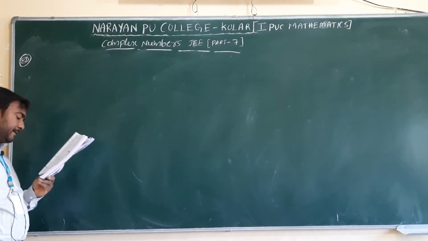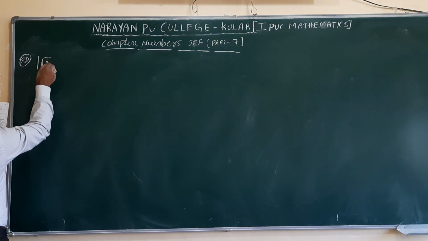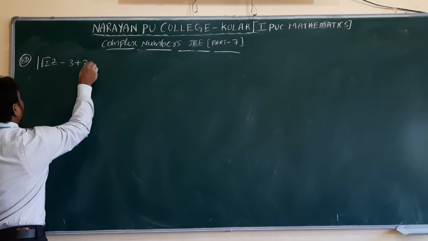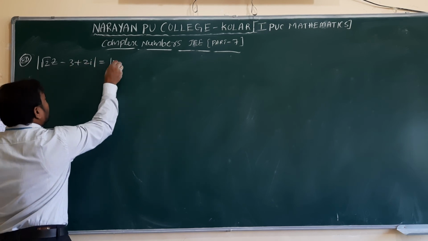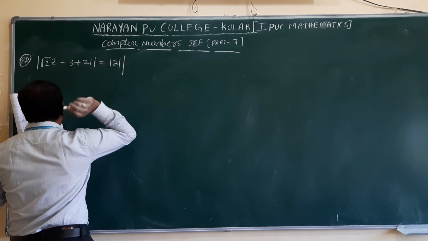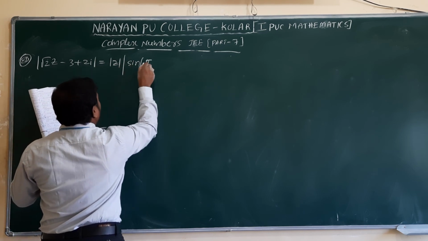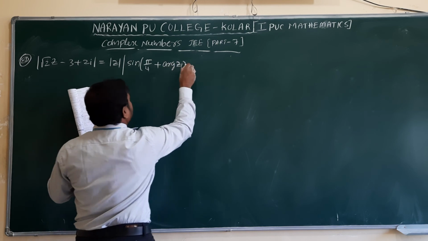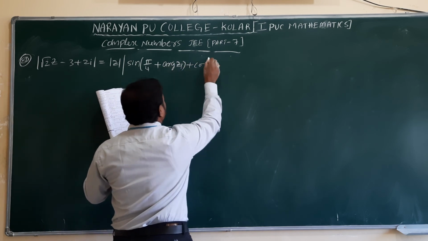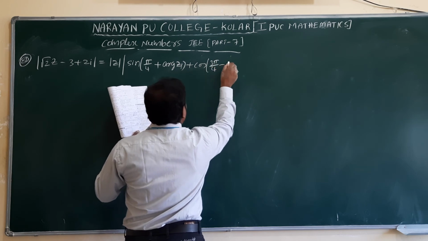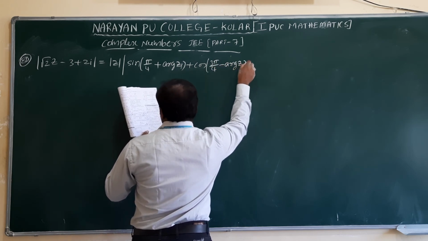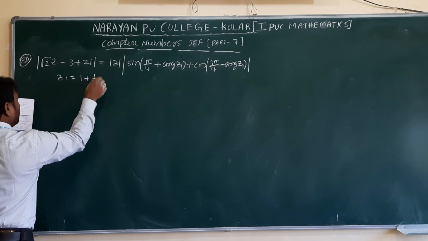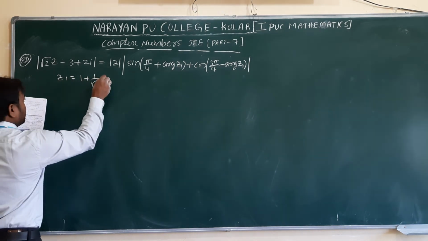Question number 80. If modulus of square root of 2z minus 3 plus 2i is equal to modulus of z, modulus of sine of pi by 4 plus argument z1 plus cos of 3 pi by 4 minus argument of z1, where z1 is equal to 1 plus 1 by root 3 into i.